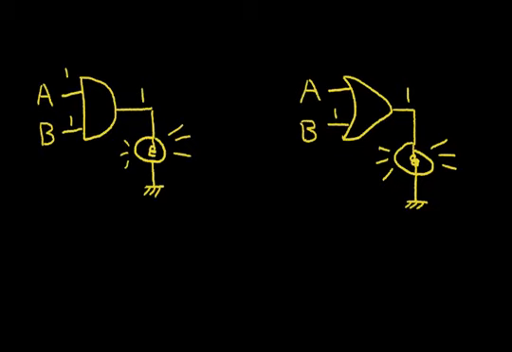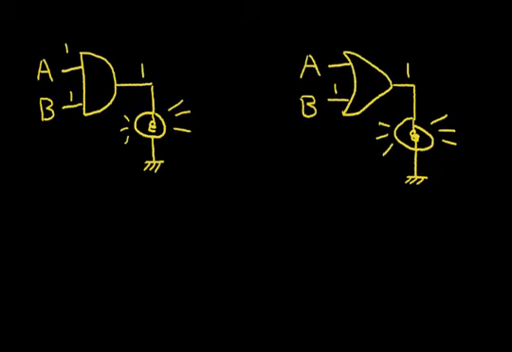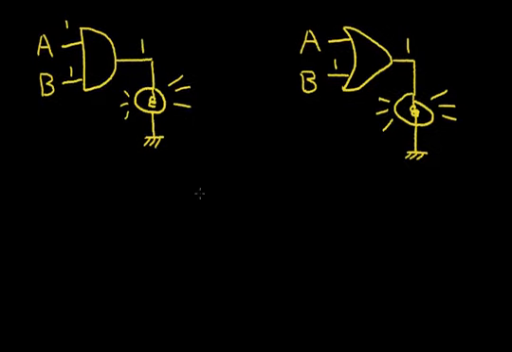So in CMOS, we can generate the AND function and we can generate the OR function. But it's more simple to generate what we call the NAND function and the NOR function. It requires fewer transistors to generate those functions. So let's consider what a NAND function is.